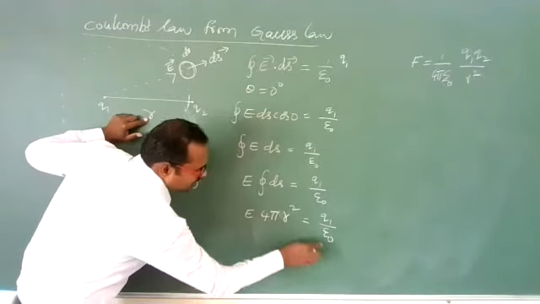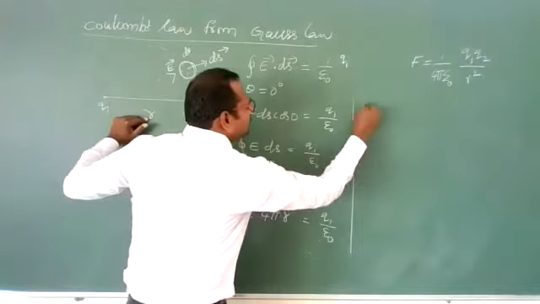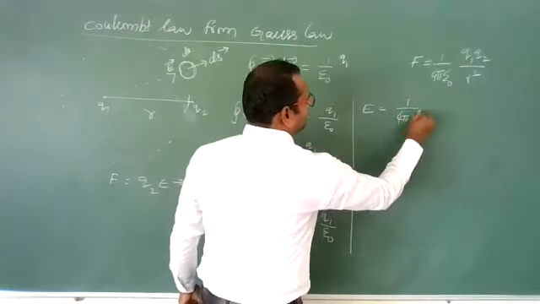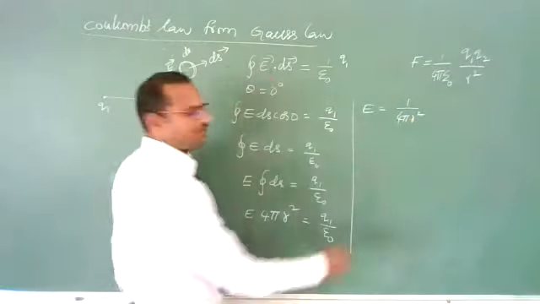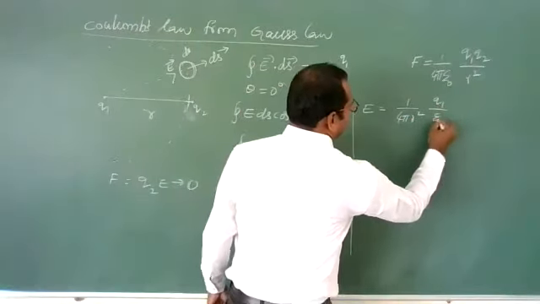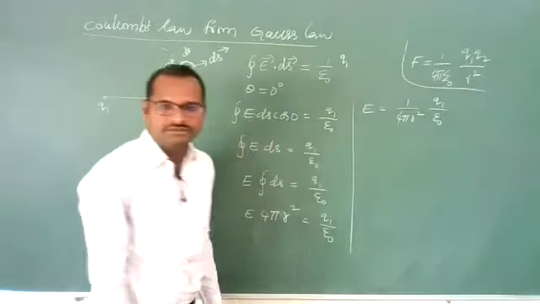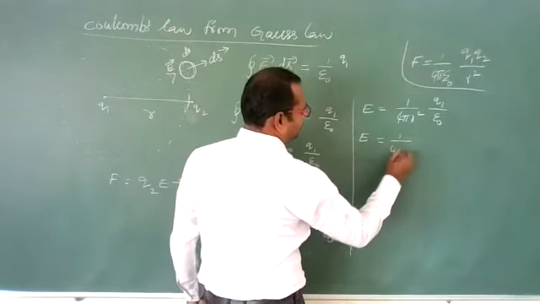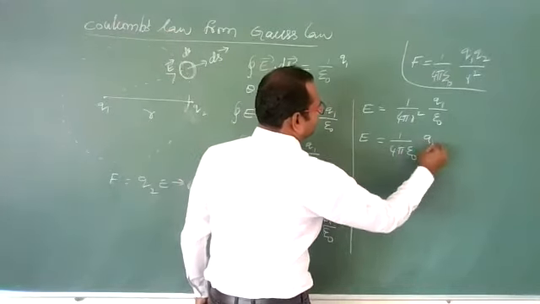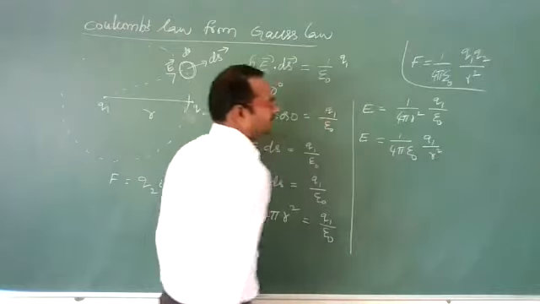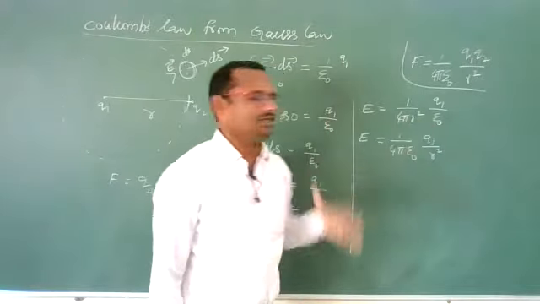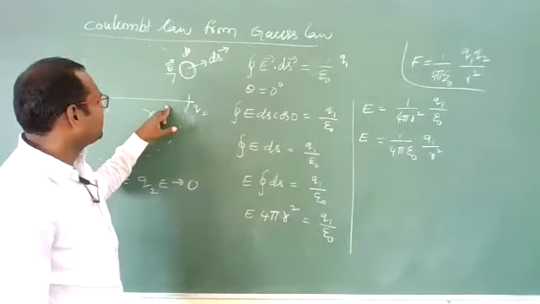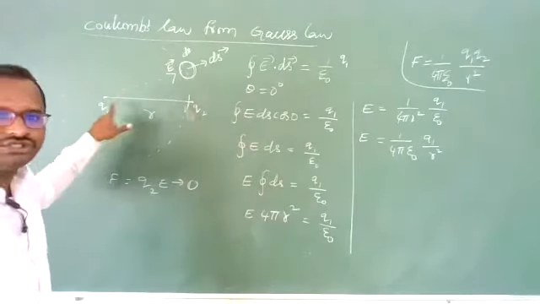Now this 4 pi r square send that side, you will get E is equal to 1 by 4 pi r square into q1 by epsilon naught. Are you getting? Now we can write this as 1 by 4 pi epsilon naught q1 by r square. These two positions have interchanged. Now this is the electric field E at a distance of r at a charge q2 due to charge q1.